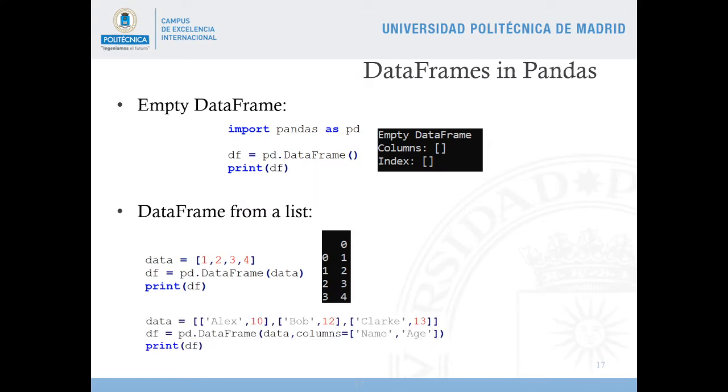We can also create a data frame using a list of lists, like this. Of course, you have to be careful in this case because you have to specify each row in a different list. And here you see a little difference with just giving a single list.